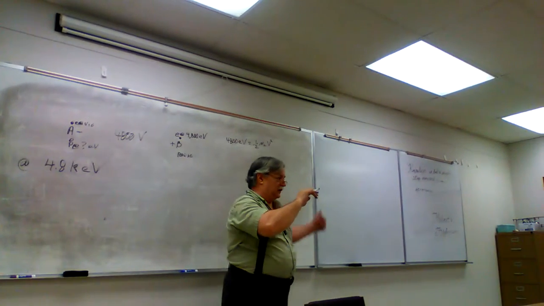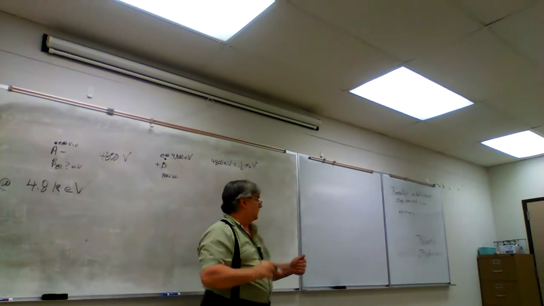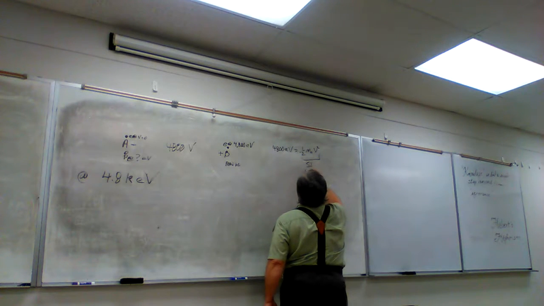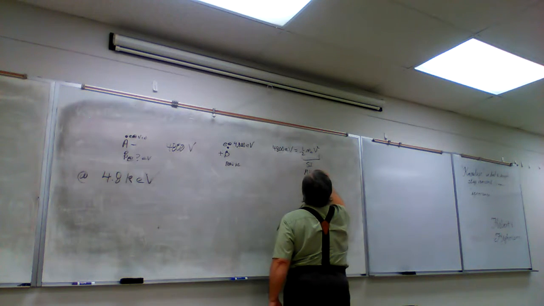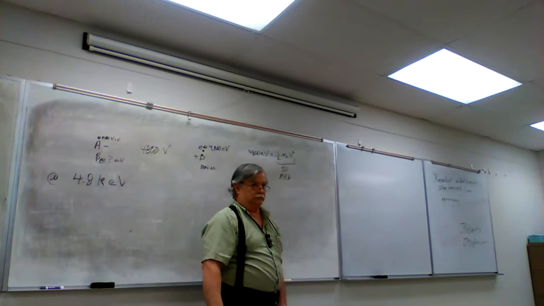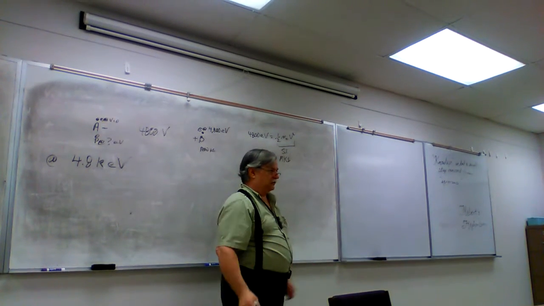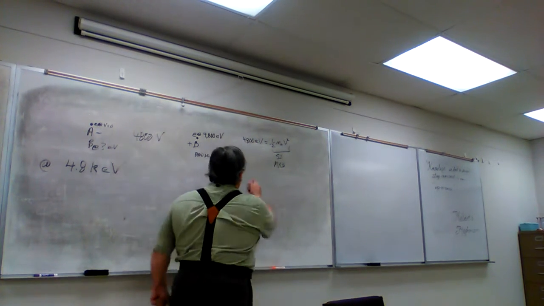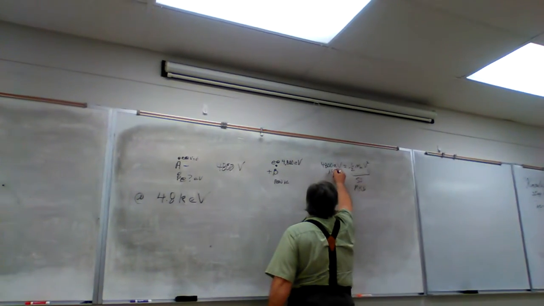We've got to change eV into joules because this is in SI. Specifically, in this class, MKS. Go to a chemistry or biology class and you'll be working in CGS. Here we do MKS. This is not SI.